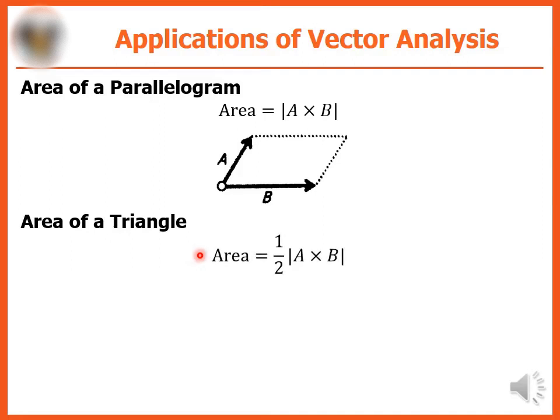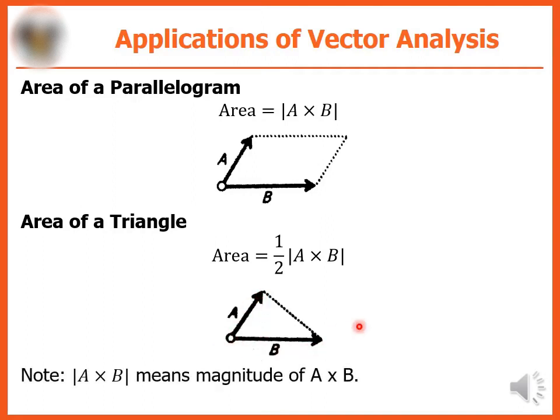That's equal to 1/2 of the magnitude of the cross product of A and B. So this is the graphical depiction, you have your vectors A and B. Take note, this means the magnitude of the cross product of A and B.